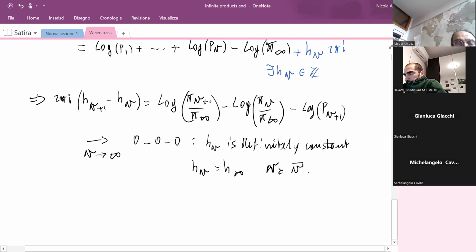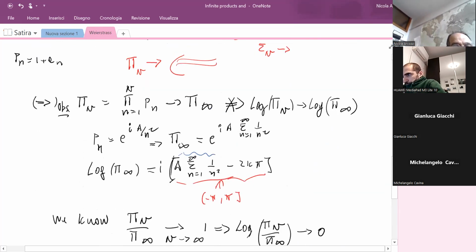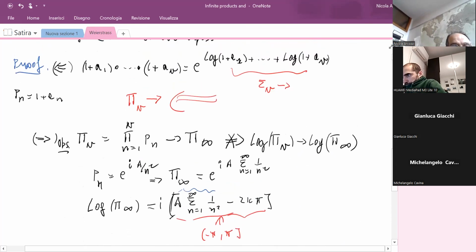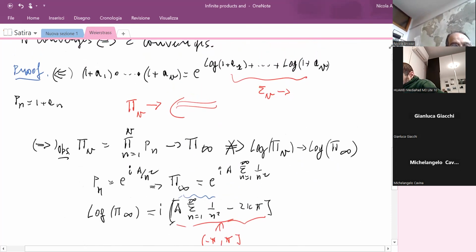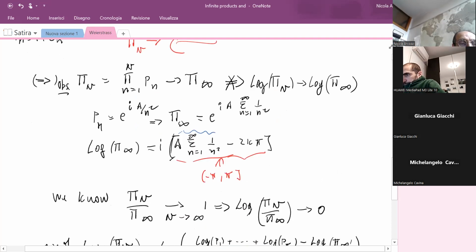So now, remember that we wanted to show that the convergence of the product implies the convergence of the sum.